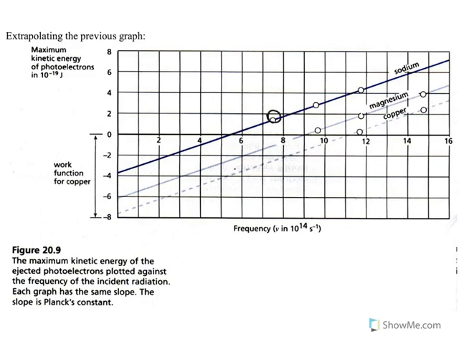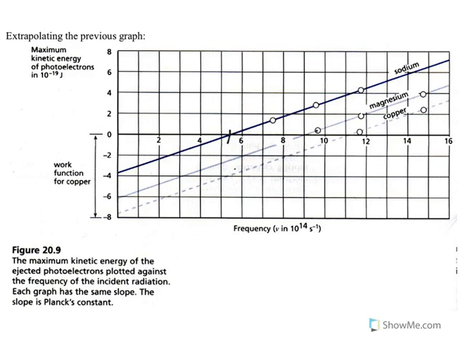We've got these points on each of those that we use to plot the kinetic energy of those electrons at certain frequencies of light.